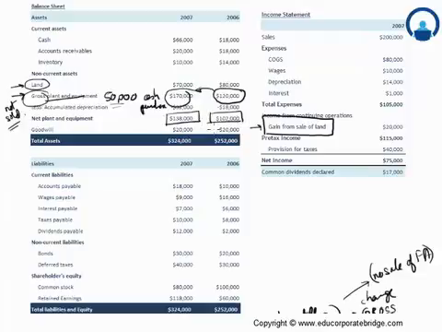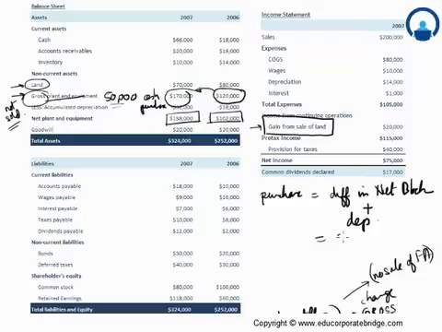Now quickly look at the net block. We have earlier discussed that another way to find the purchase is the difference in net block plus your depreciation. So let's see what the difference was here: 138,000 minus 102,000 comes out to be 36,000. And what is the depreciation in the income statement? Depreciation is 14,000.